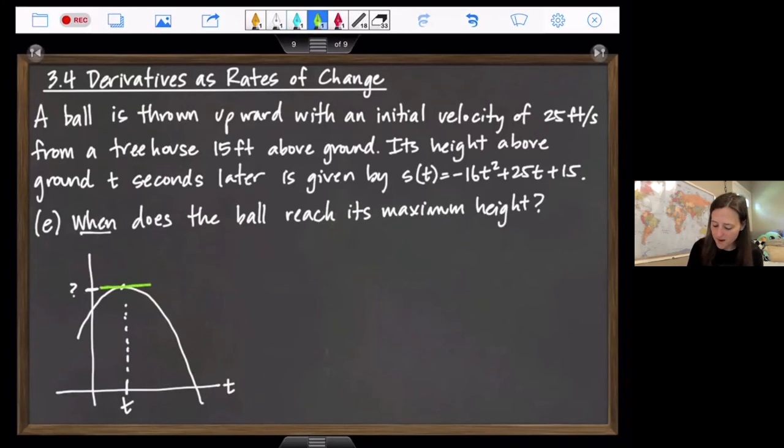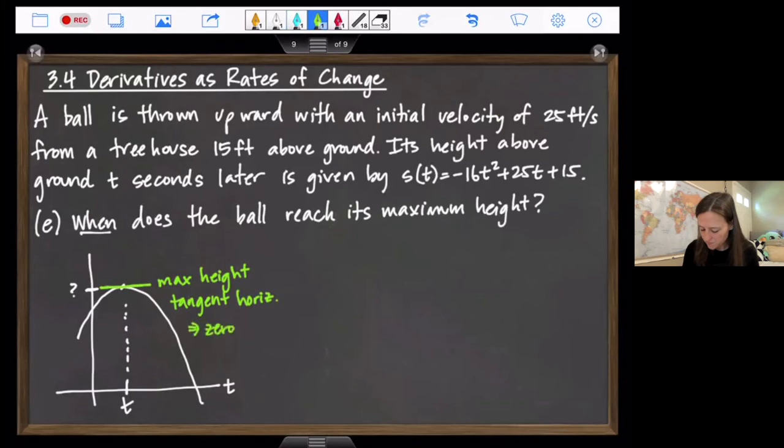So when we're at the max height, our tangent line is horizontal. And a horizontal line has zero slope. So this is where we have a zero slope. Since it's a tangent line, that means we're going to have a zero derivative.